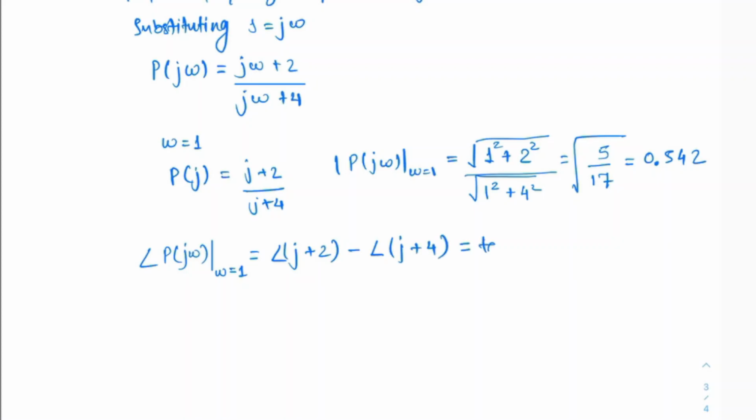So we take tan inverse of 1 by 2 minus tan inverse of 1 by 4. So if we plug this into a calculator, this turns out to be 12.528 degrees.